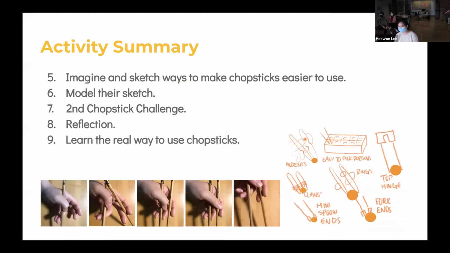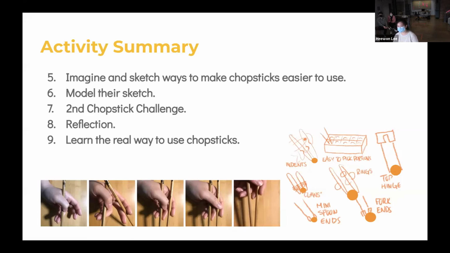After we have the class discussion, the students will start going to the imagine stage of this activity, where they think about how to make this chopstick better and easier to use for new users, and maybe sketch their ideas out, so they have a clearer visualization of what they're thinking. And then they will model their sketch, and we have 30 minutes for them to make their modified chopstick.